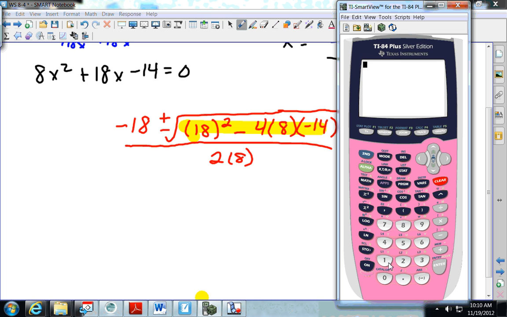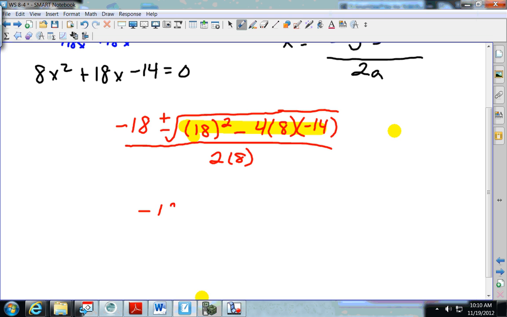We're going to put in 18 squared minus 4 times 8 times negative 14, and press enter. You should come up with 772. So I've got negative 18 plus or minus the square root of 772, all over 8 times 2, which is 16.